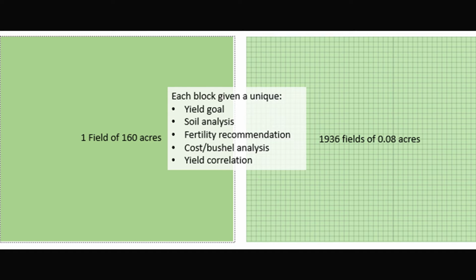If you look at my right, this to me summarizes what we're doing in the future. We're taking that same field, but splitting it up into a whole bunch of small fields. In this case, what would typically be 160 acres is now about 1,900 fields at just less than a tenth of an acre.